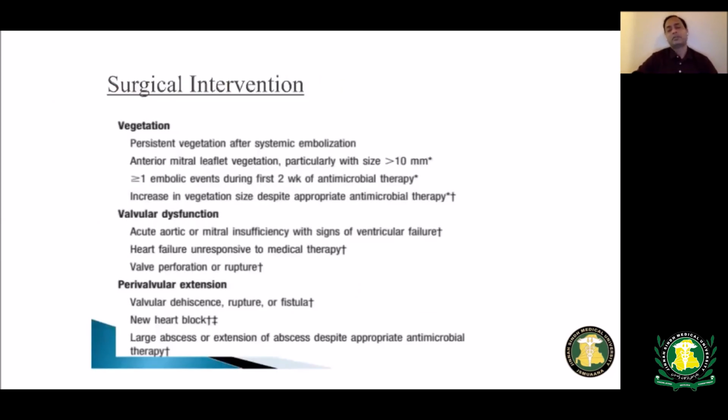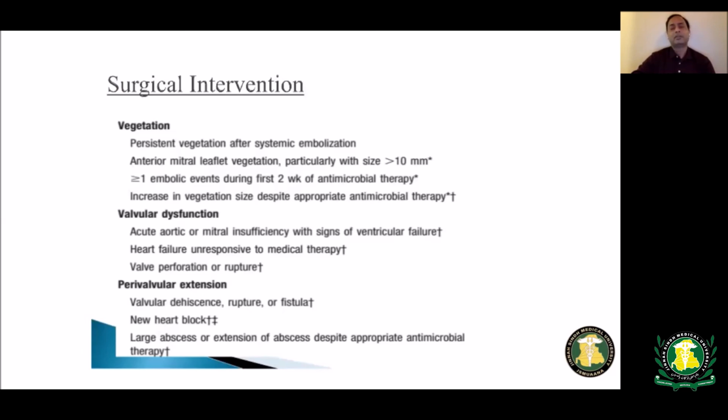Now, who are the patients who require surgical intervention? There are different criteria that the American College of Cardiology recommended. If the patient has unchanged size of vegetation despite prolonged antibiotic therapy and has signs of systemic embolization, then they are candidates for surgery.